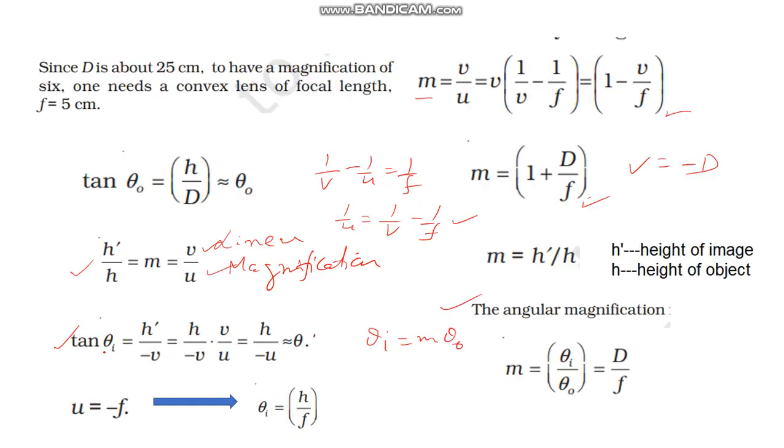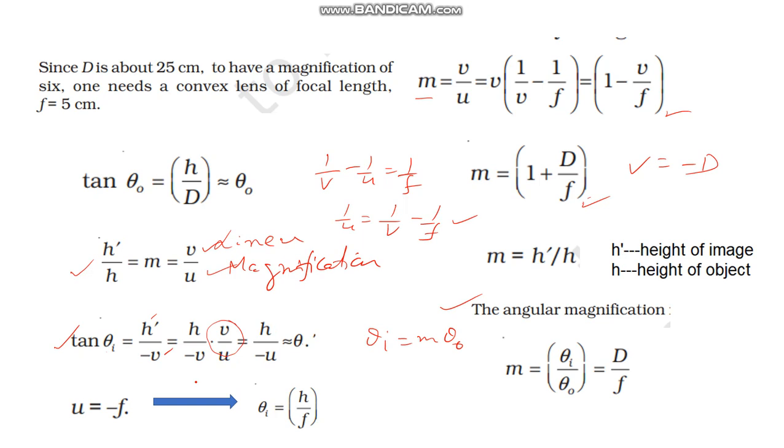Theta I will be h dash by the distance of the image, which is minus v because of sign convention. So theta I is equal to m, which is v by u. Finally you get theta I equal to h by minus u.